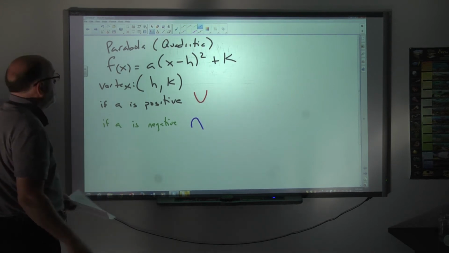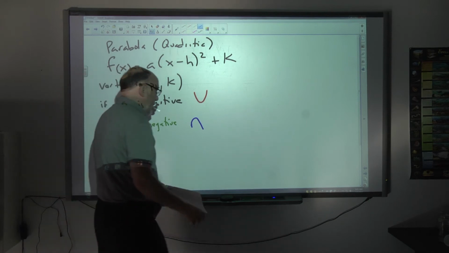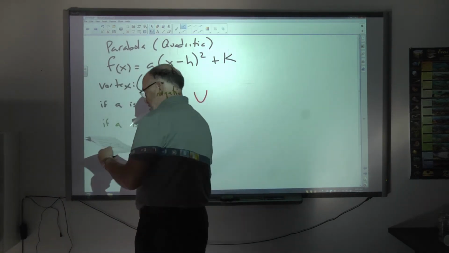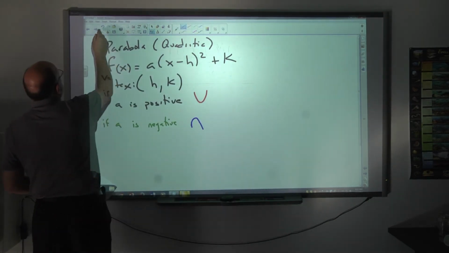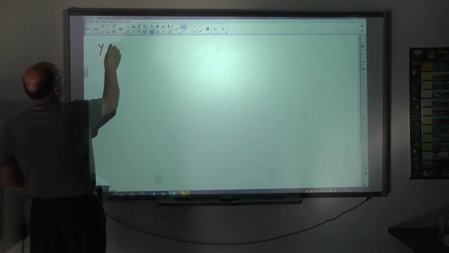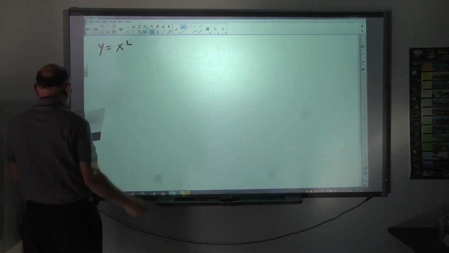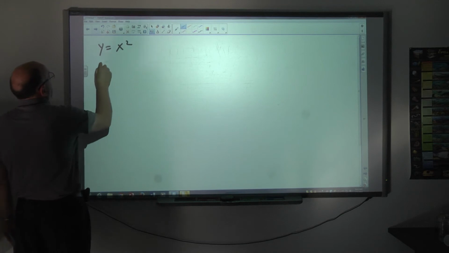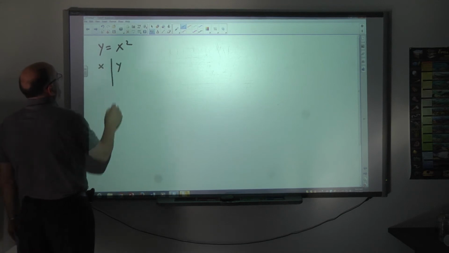So let's first look at our basic quadratic, y equals x squared. If I pick some values, I want to know what this graph looks like.